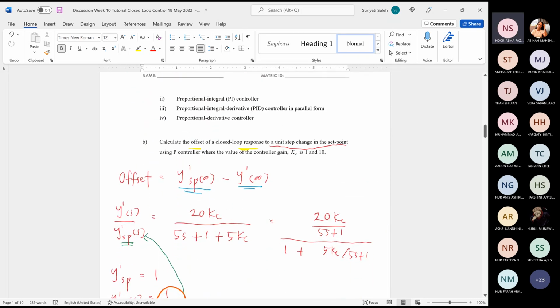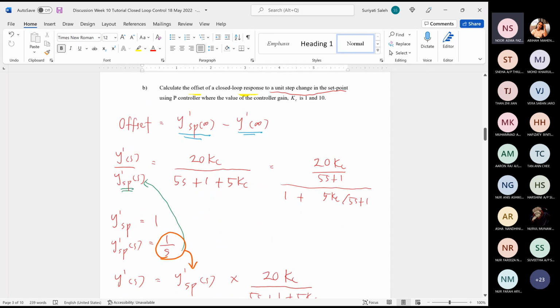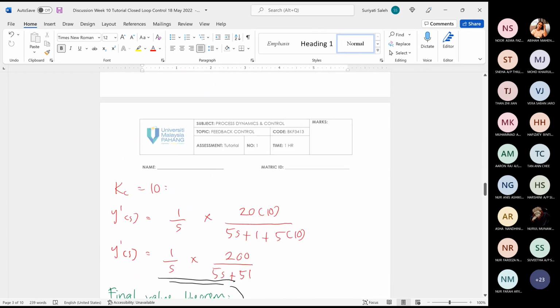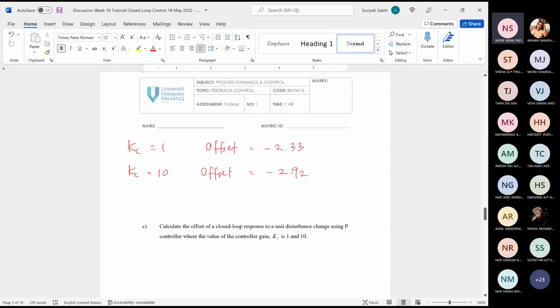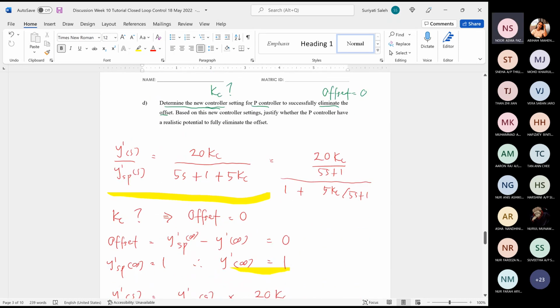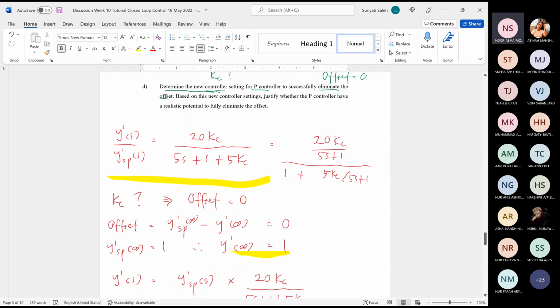And I already highlighted the calculation for offset when your KC equal to 1 and 10, and then the controller setting for P controller to eliminate the offset. So this one has been discussed.